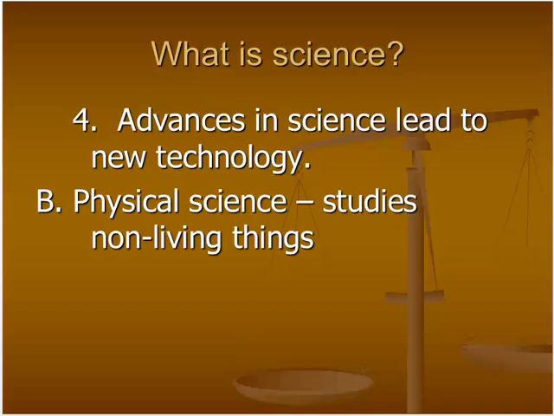Advances in science lead to new technology. Examples of that would be the telescope or the microscope. Those two discoveries have led to all types of new technology and also new knowledge.